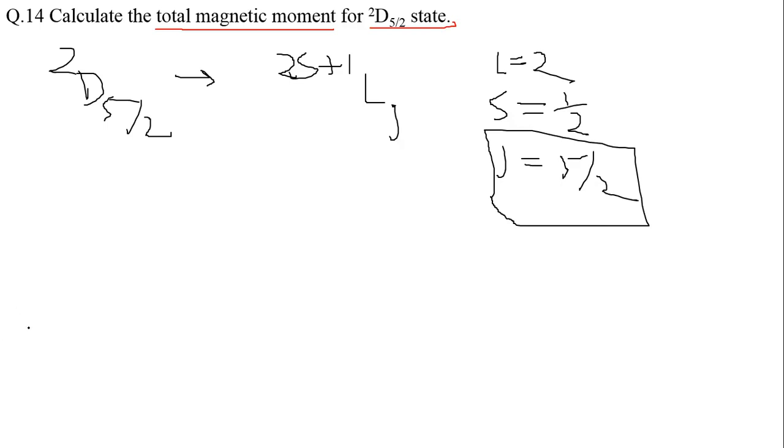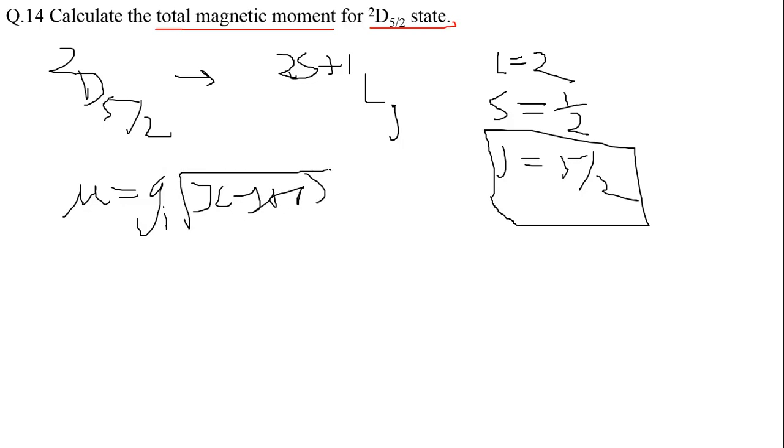And we had discussed in this session that the total magnetic moment mu is given by g_J, root of J into J plus 1, times eħ by 2m.